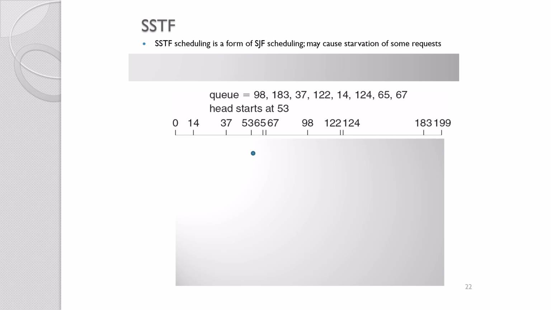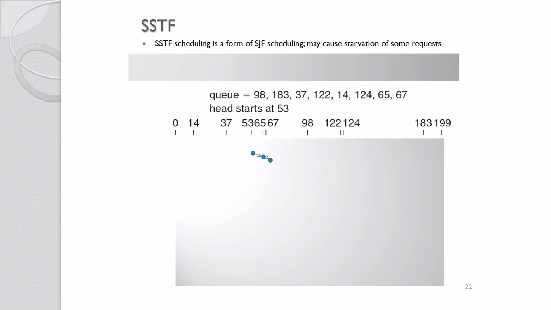The next one is shortest seek time first. Wherever you start, at 53, you go through the current list of requests and go to the closest one. This could cause some starvation. It also requires the overhead of calculating which is the closest one, but it will have less movement.